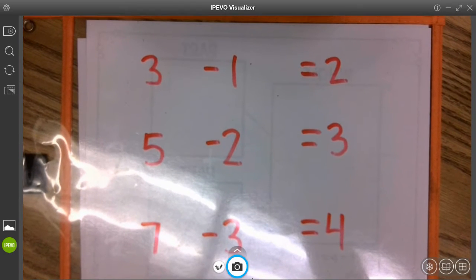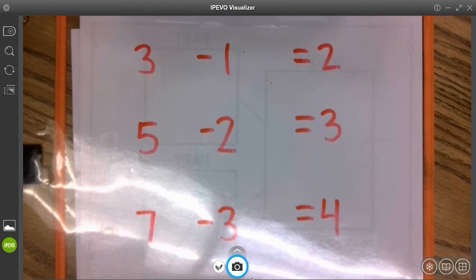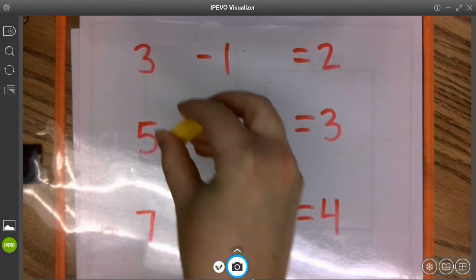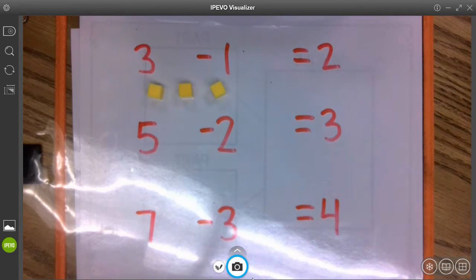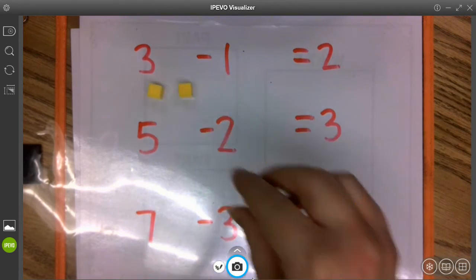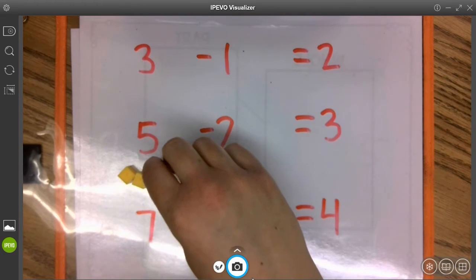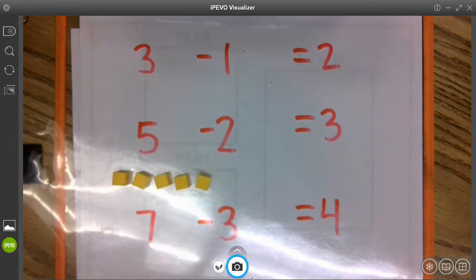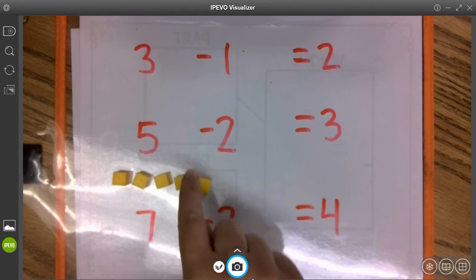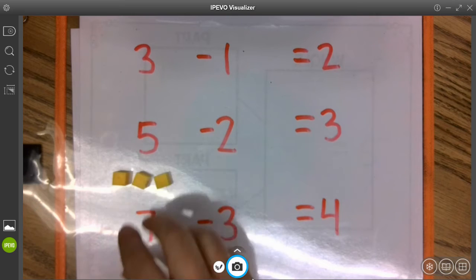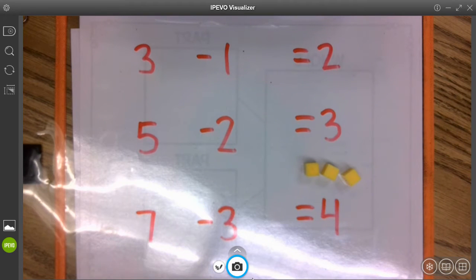Okay, as you can see, this is just normal subtraction like we've been doing since the beginning of the year. So let's model that, okay? So the first one is 3 minus 1. So I'm going to start with 3, and if I take 1 away, I'm left with 2. Okay, the next one says 5 minus 2. So again, I'm going to start with 5, and if I take away 2, I'm left with 3.